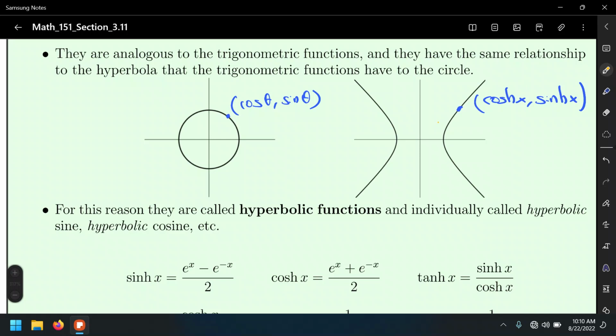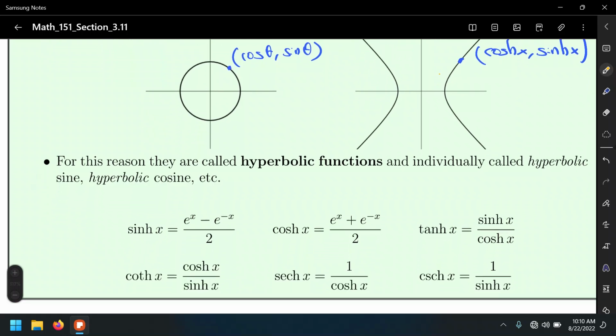Another difference is that hyperbolic functions are not periodic: trigonometric functions go around the circle and get back to the same point, but not the hyperbolic functions.